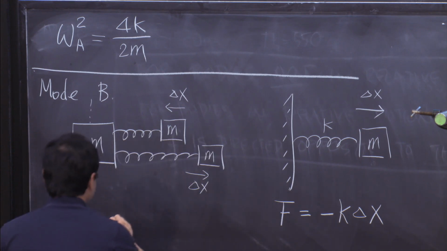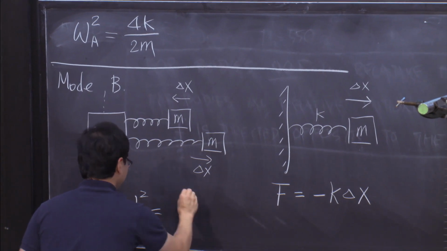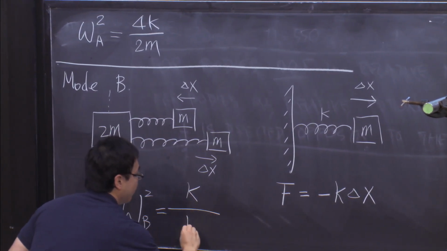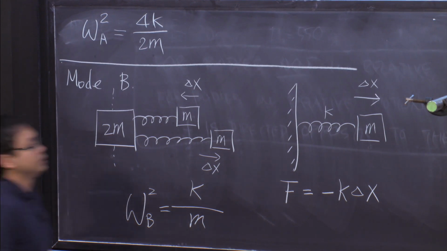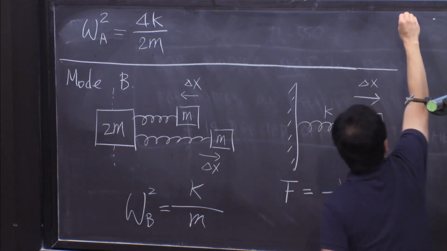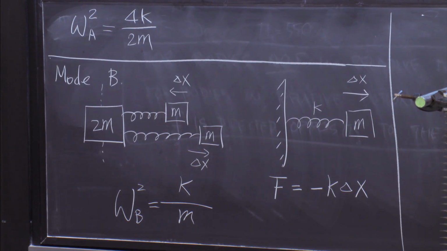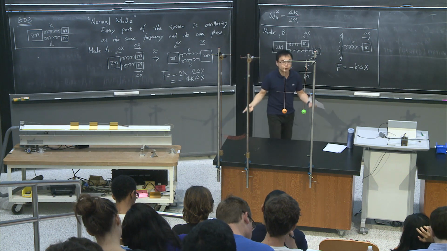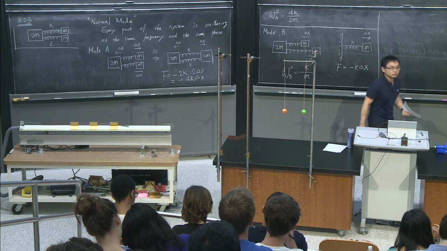Therefore, we can immediately identify omega b squared will be equal to k over m. So you can see that we have identified two kinds of modes, in which every part of the system is oscillating at the same frequency and at the same phase.